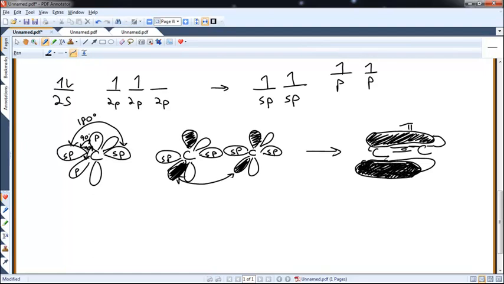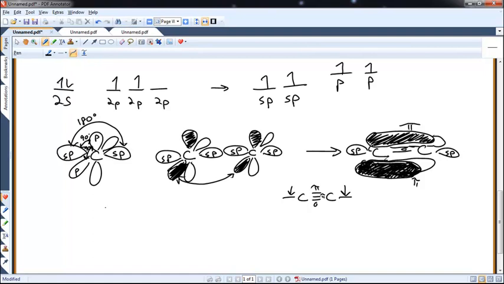Alright, hopefully you see. And then we have an sp orbital sticking out here, an sp orbital sticking out here. And the way we normally draw that in the line angle formula looks like that. We have two pi bonds, one of which is this one, the other one which is that one. And then we have a sigma bond, which is this guy in the middle. And then this is an sp hybrid orbital, that is an sp hybrid orbital.